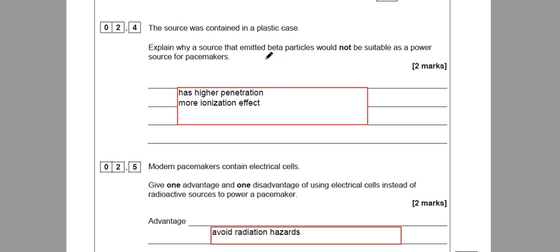Because beta particles have higher penetration, unlike alpha particles which have low penetration, and so they have more total ionization effect on cells.